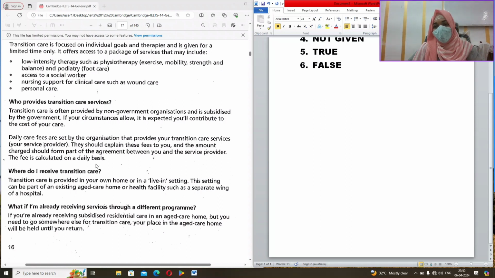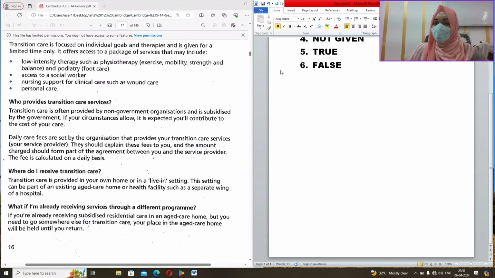And my next tip is to be careful of the common traps. There are a lot of traps in the question statement as well as in the passage, so you need to be careful while solving. Suppose in the question it's written all, and in the passage it is written some, that will be false.